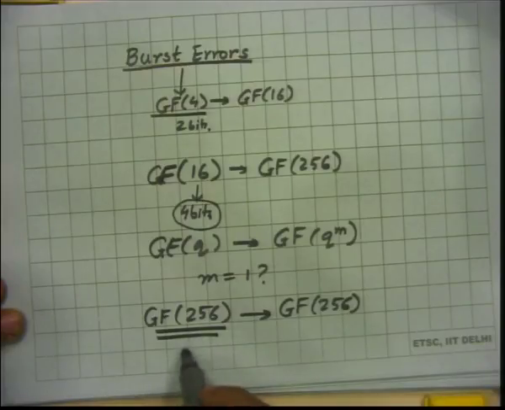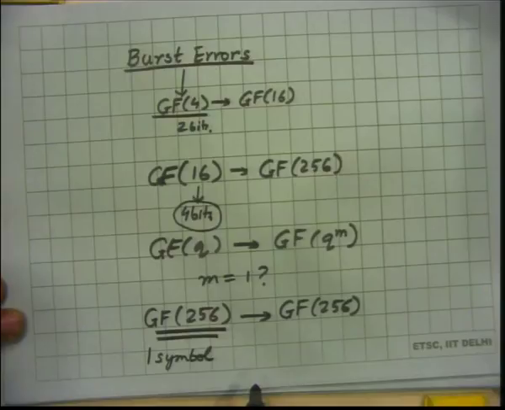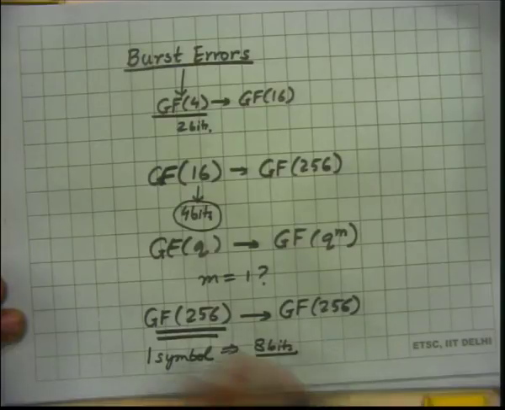So, even if I have a single error correcting code over GF256, then the moment I say I can correct one symbol, single error correcting code, right, that means I can correct 8 bits, and I do not care whether all the 8 bits are in error, it is a symbol error. So, I will be immediately able to correct a burst of 8, which is significant.